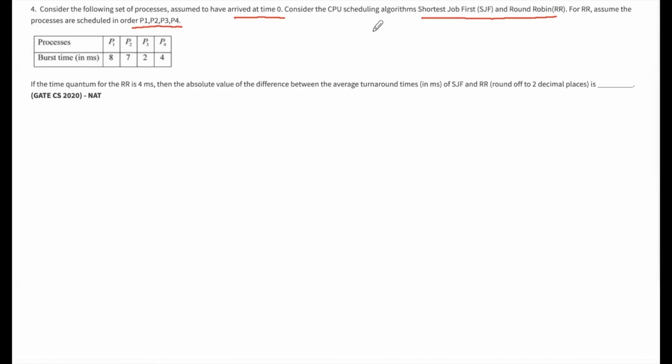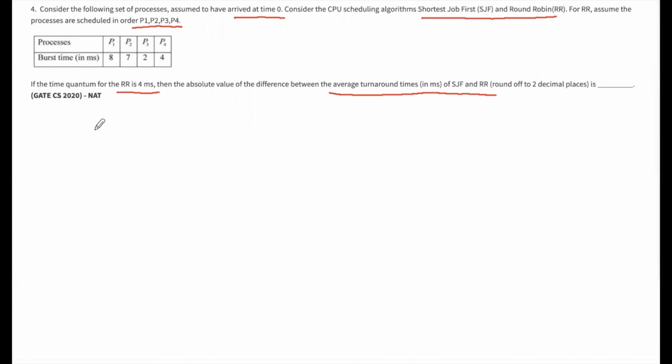So P1, P2, P3, P4 have arrived in this order. If the time quantum for round robin is 4 milliseconds, then the absolute difference between the average turnaround time in SJF and RR, rounded off to 2 decimal places. Okay, fine. So they are asking the average turnaround time for SJF and round robin, right?